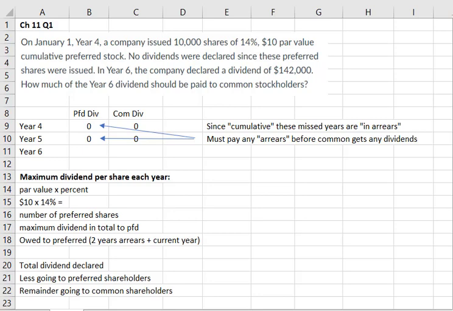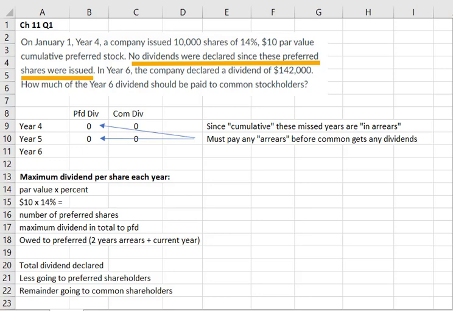You're not required to declare a dividend, but if you declare one, you must first satisfy the preferred shareholders for this year's maximum dividend per share and any arrears if you have a cumulative stock. So here we do have a cumulative stock, and it was issued year 4, and no dividends were paid since they were originally issued.